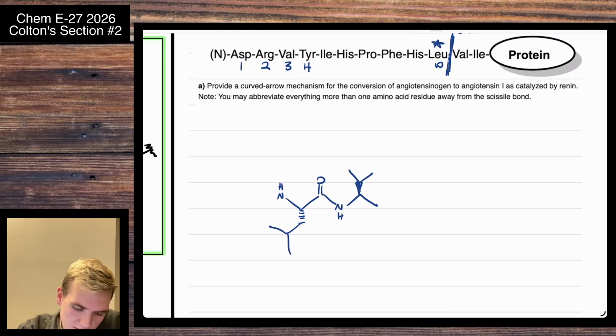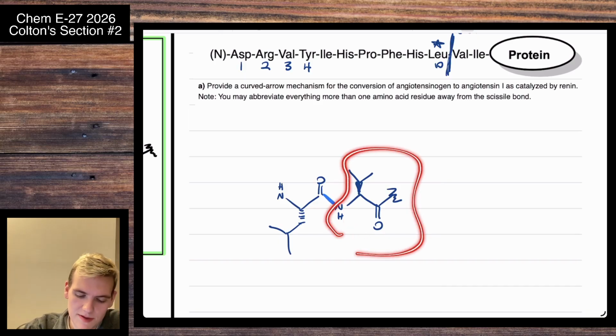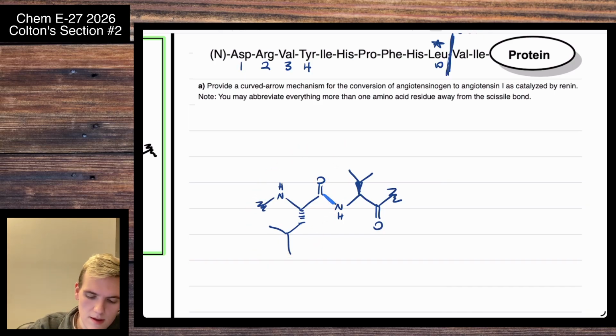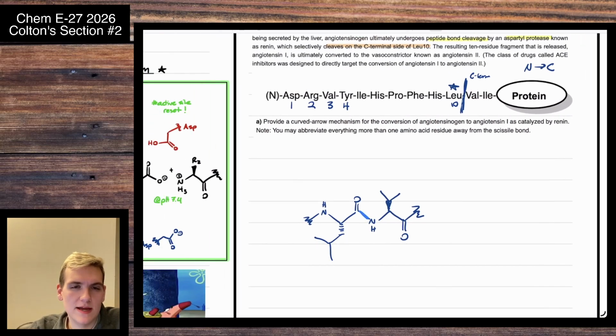So this is the bond that we are breaking, and I believe that we can cut it off here on both sides. I'm just checking. They want us to put the other carbonyl here, but roughly we want to be able to see this looks like an amino acid shaped thing, and then after we cut this will look like an amino acid shaped thing. So that's step one: draw the peptide fragment that we care about and highlight the bond that we are actually trying to break.